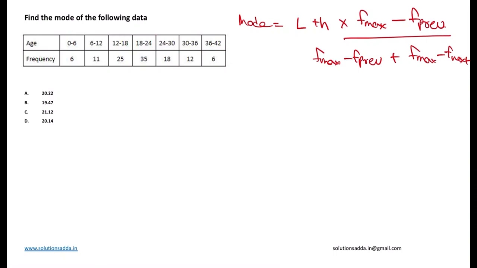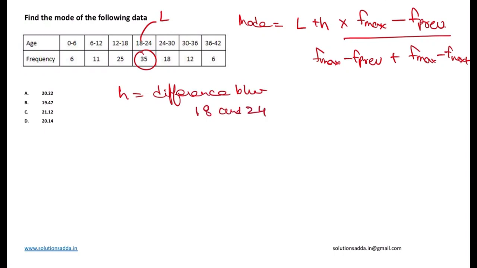The maximum frequency here is 35 and therefore L will be 18, and H is the difference between the age range of the maximum frequency, therefore difference between 18 and 24, it will be 6. So L is 18 and H is 6. Now 25 is the previous frequency and 18 is the next frequency of the maximum.